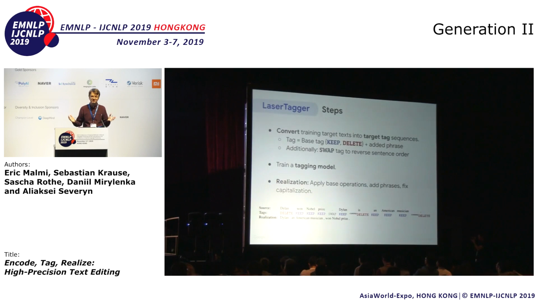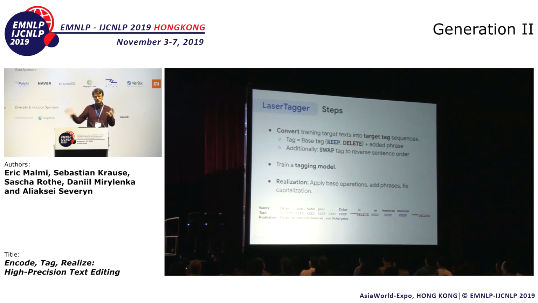Okay, so given this phrase vocabulary, what you need to do to use LaserTagger. First, you convert all of your training target texts into target tag sequences. Each tag, as I briefly mentioned, consists of either keep or delete, the base tag, plus an added phrase, which can also be empty. Additionally, we introduce a tag called swap.